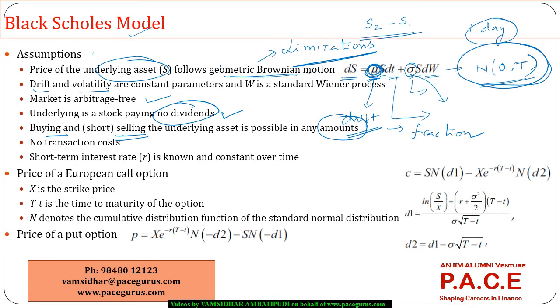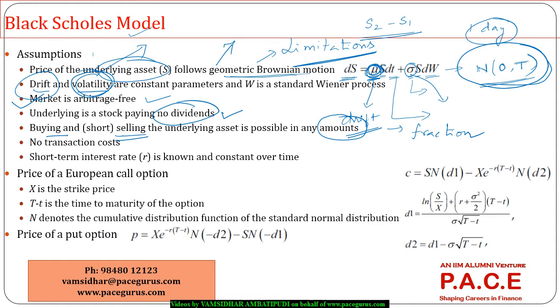In some cases the stock prices may not follow a geometric Brownian motion, they may follow something else. Or in reality the drift and volatility are not constant. We'll see later that the volatility need not be constant, whereas here the model assumes that the volatility is constant. And similarly the market is arbitrage free.